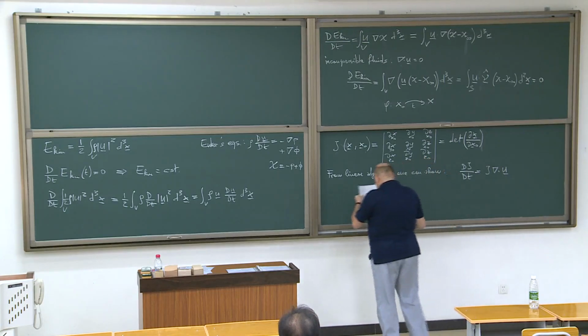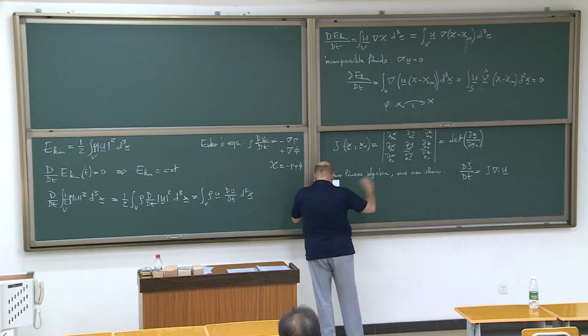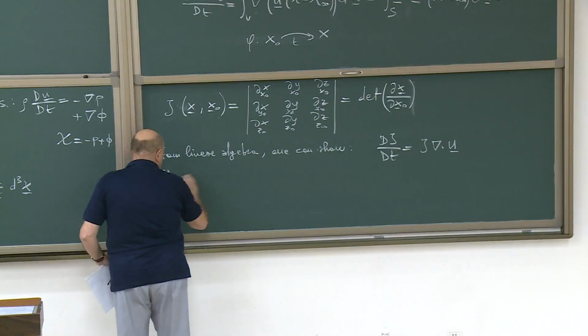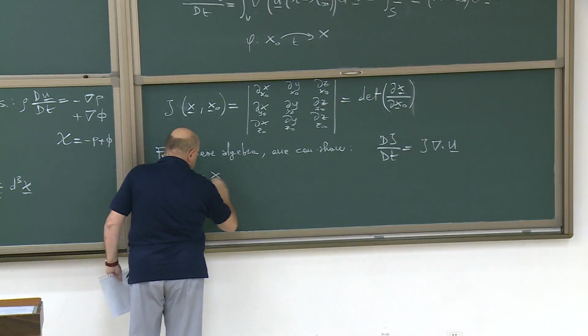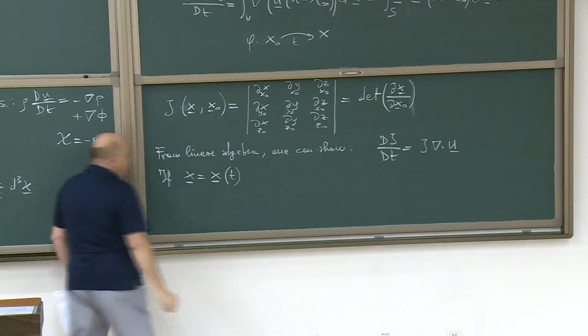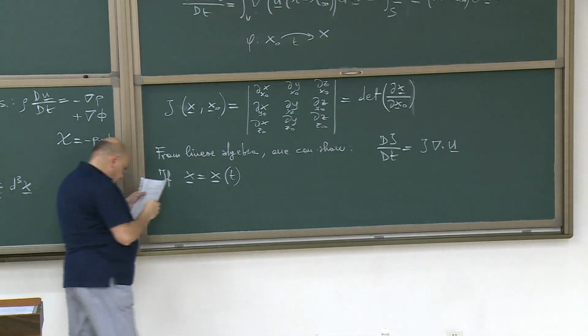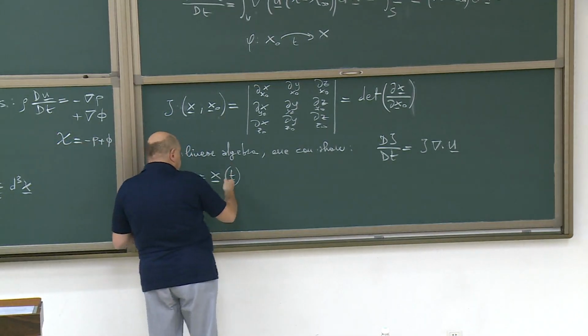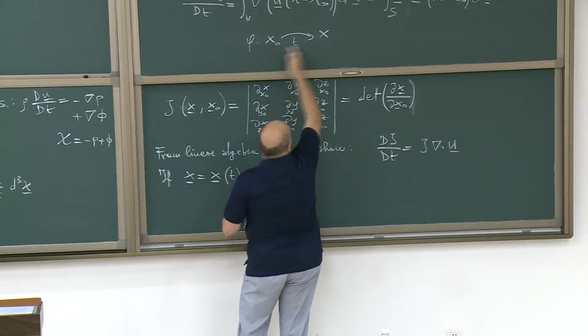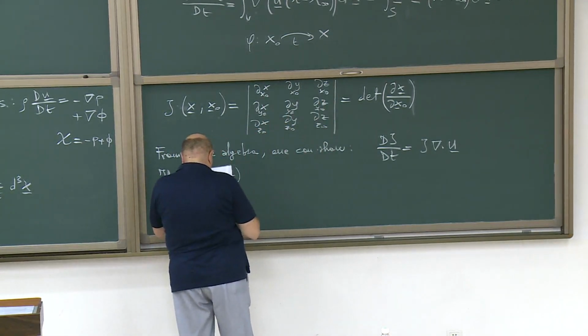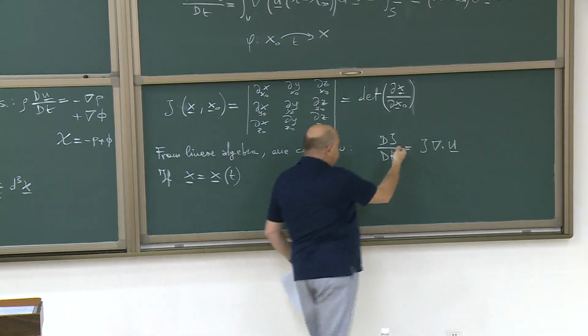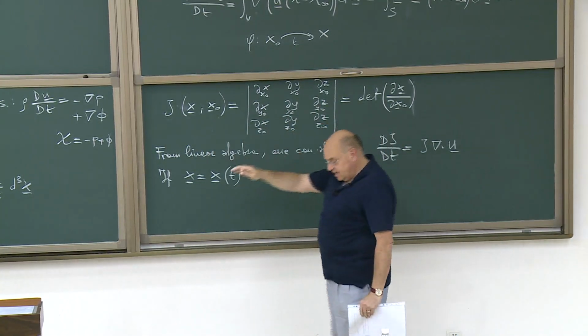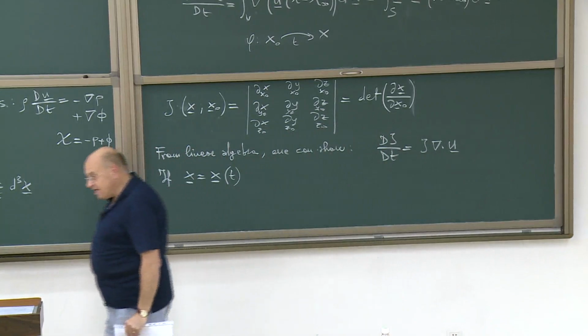If x is thought to be a particle trajectory, then from the initial time t equals 0 to a certain time, we can interpret this equation on a material line.